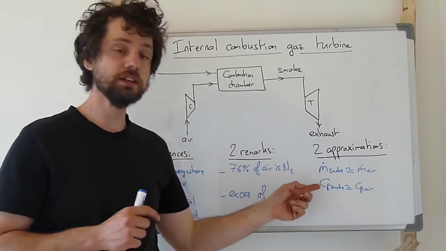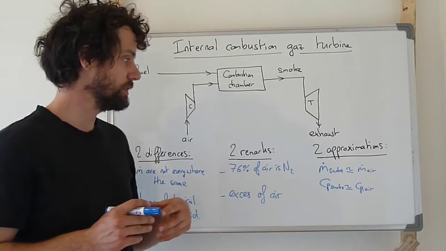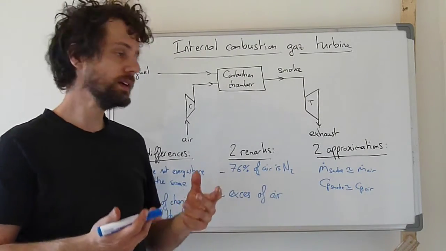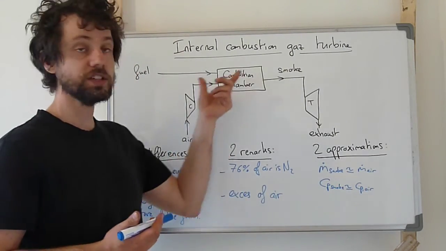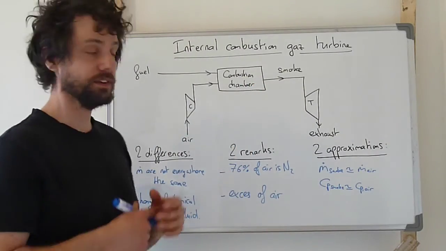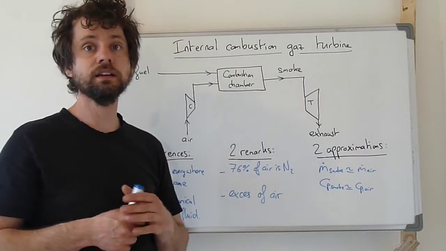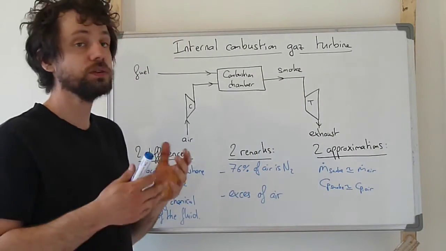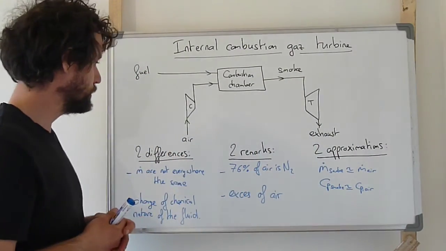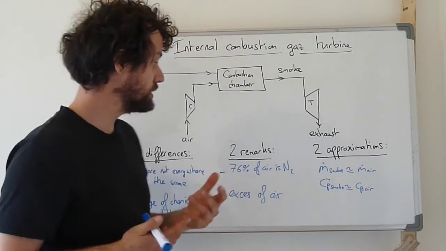And this is especially true because what is causing the biggest variation in Cp are the temperature changes that we have in this cycle, a lot more than the change of chemical nature of the fluid.